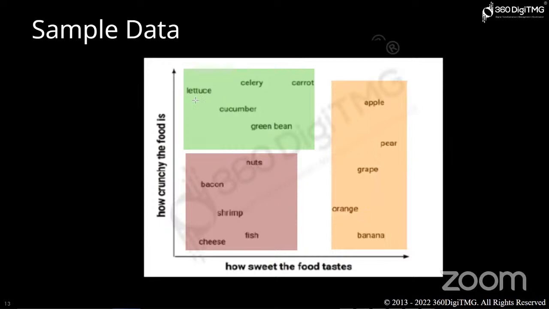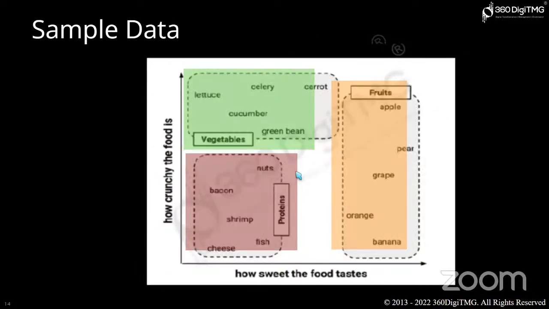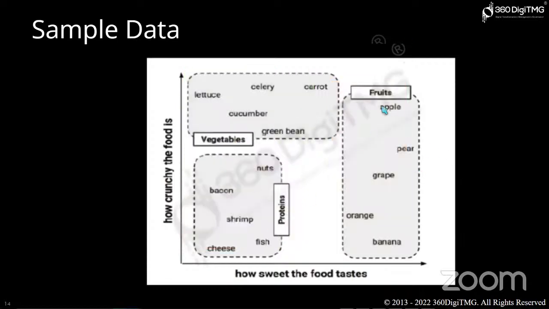So we can say these are all vegetables, these are all fruits, and these are all protein products. So you can say these have been categorized accordingly: vegetables, proteins, and fruits. Okay, so this is our data.